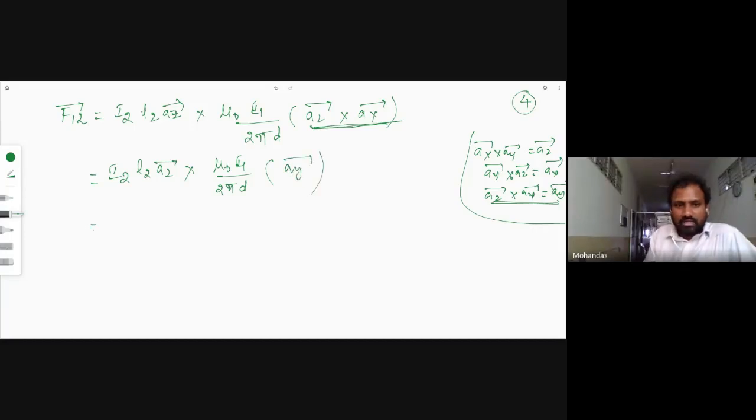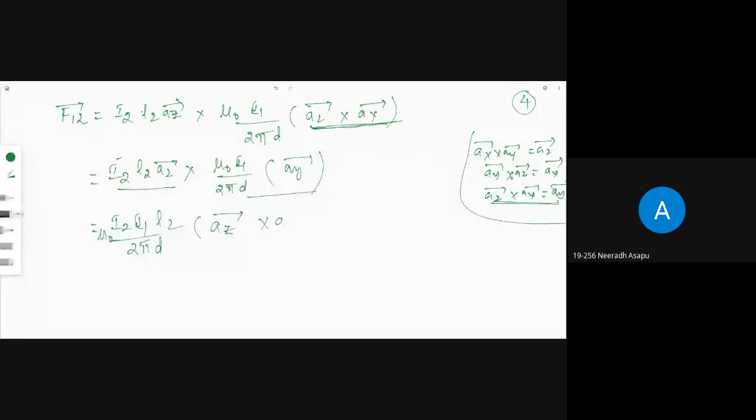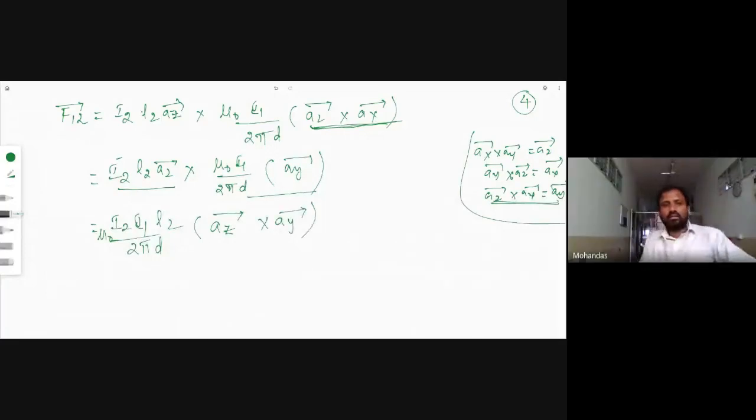Now let us take I2, I1 and mu naught out of this cross product. You have to again do the cross product for this term and this term. So I2 I1 divided by 2 pi d into L2 into mu naught, AZ cross AY.